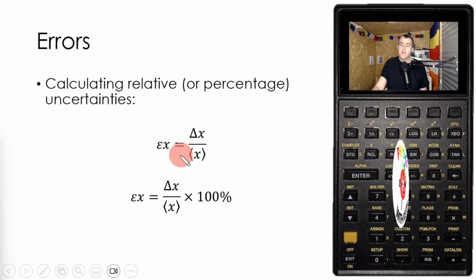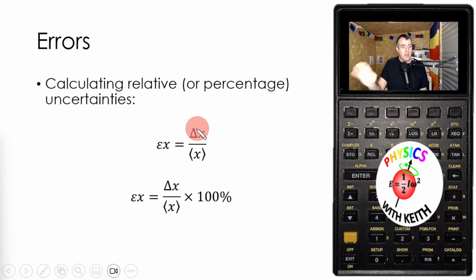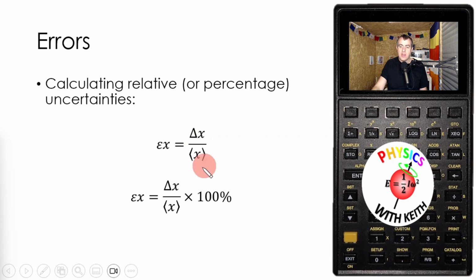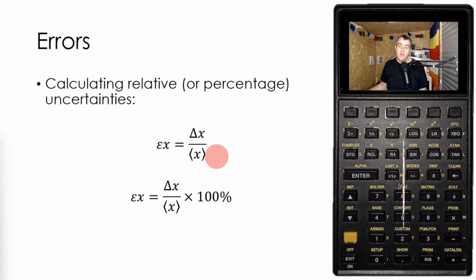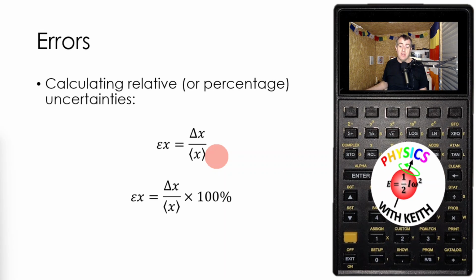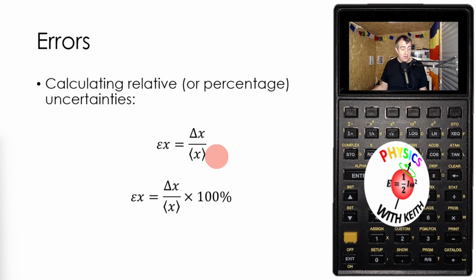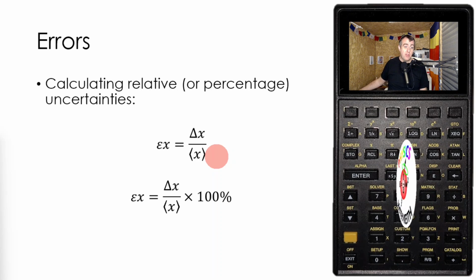Now, this calculation, the absolute uncertainty we already know about. That's half the range. That's fine. This value in the triangular brackets is what we call the mean value. Now, if you only have one value, one measurement, and you've estimated an absolute uncertainty based on the resolution of the instrument, well, in that case, your mean value is just the value that you've measured.